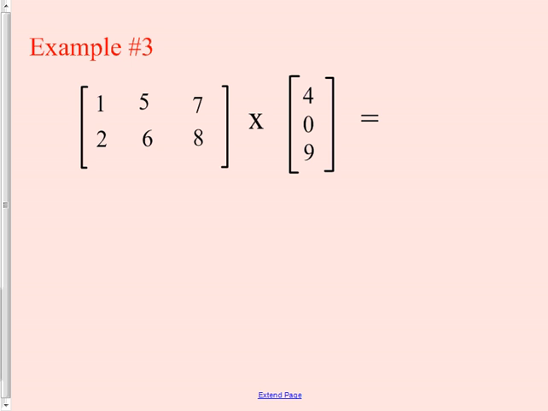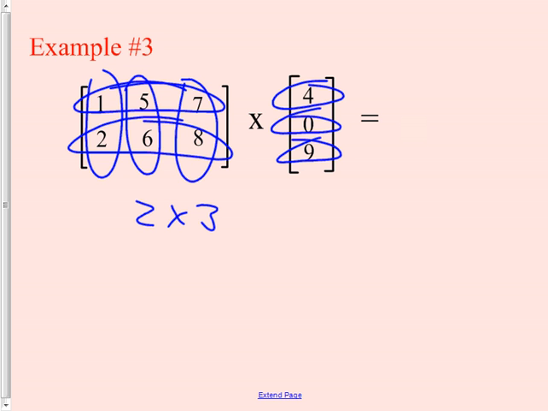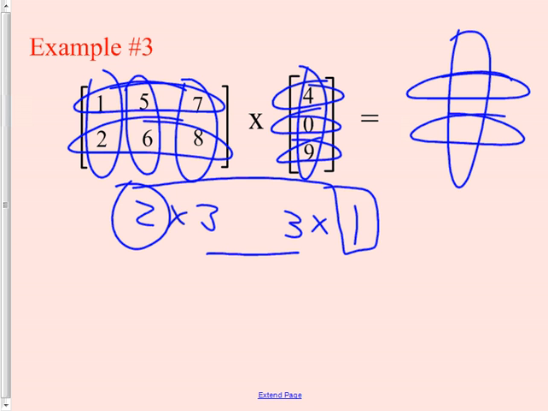Okay. 2 by 3 and 3 by 1 matches up. The answer is a 2 by 1 matrix. Okay, so if it's 2 by 1, 2 rows, 1 column.